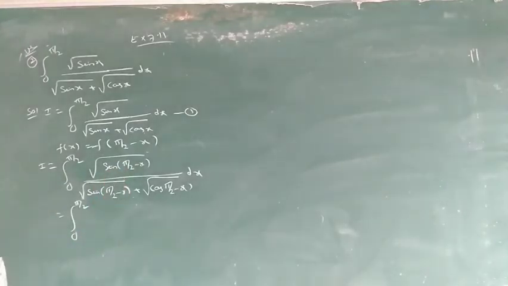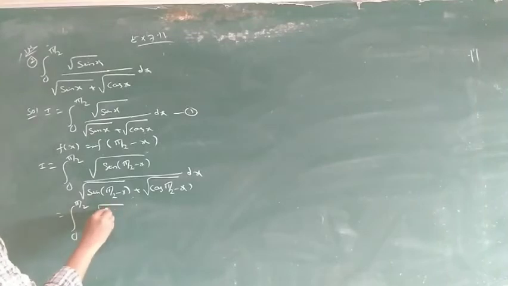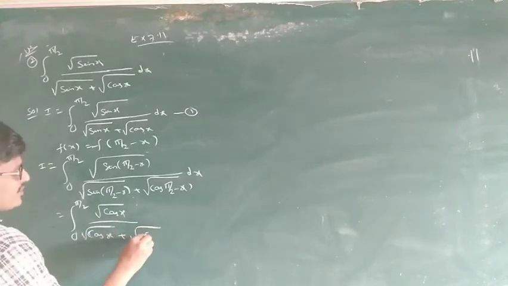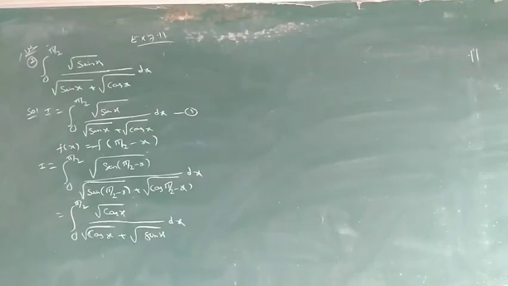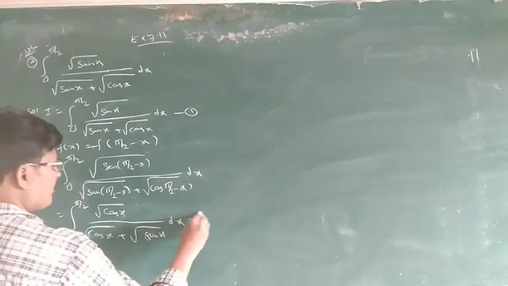Sin 90 minus x is equal to cos x, cos 90 minus x is equal to sin x. This is equation number 2.